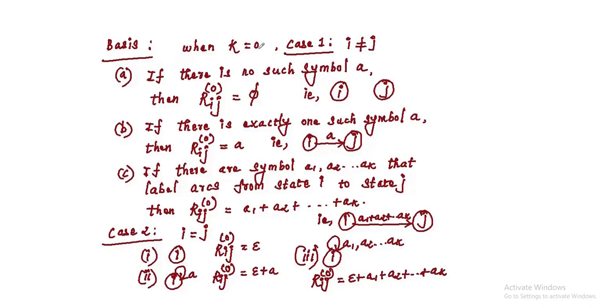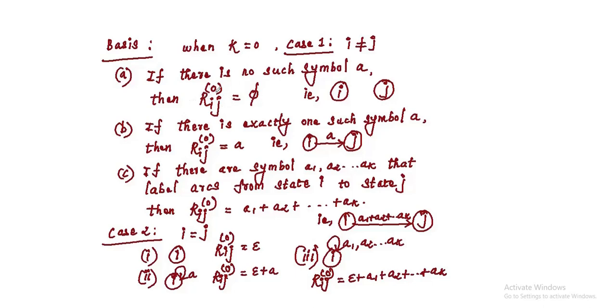When k equal to 0, there are two cases, case 1 and case 2. In case 1, i not equal to j, whereas case 2, i equal to j. In case 1, if there is no such symbol, then Rij raised to the power 0 equal to null, because there are two states i, j, there is no transition, so you put null here.